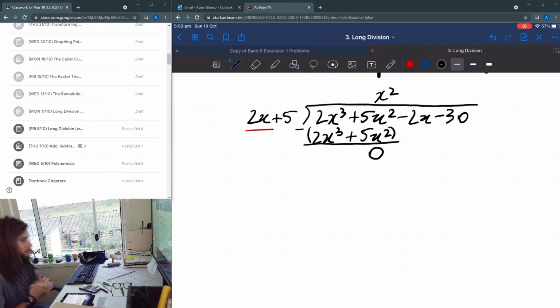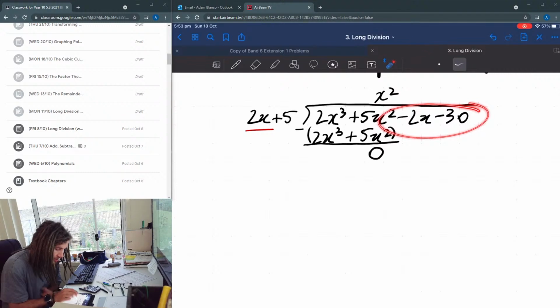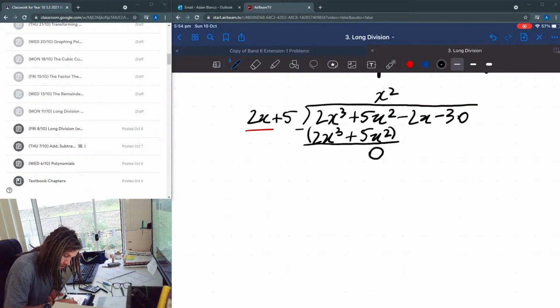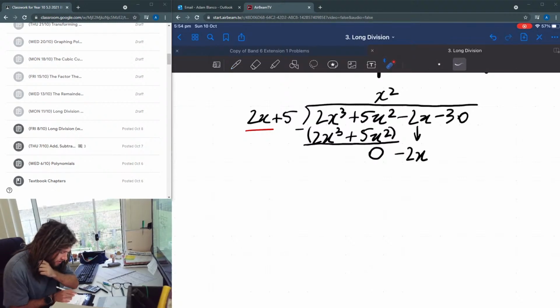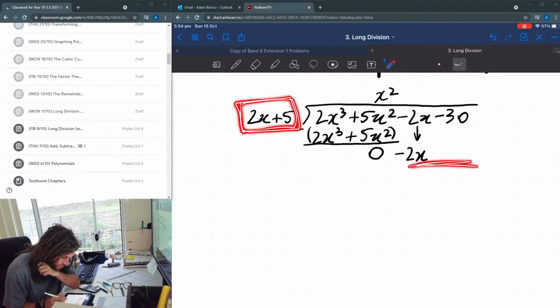Okay, so I've ended up with something a little bit weird here: I've ended up with nothing. But I haven't used all my terms yet, so I bring them down. I bring them down, so minus 2x, and then I keep going. Actually, do I bring both of them down? Okay, sorry. I bring both of them down because my divisor has 2 terms, and I need what I'm dividing by it to also have 2 terms.